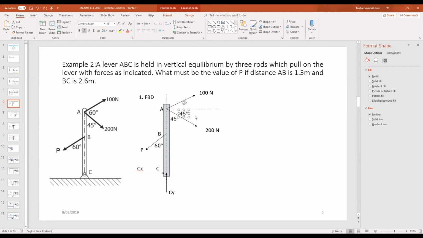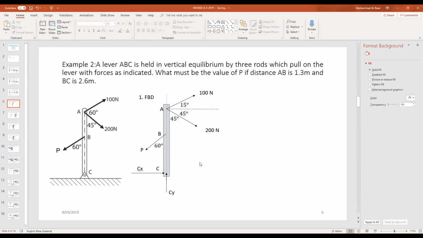Technically, if you get confused with them, just split the numbers to make life easy. If the total was 60, and we know this is a 90-degree angle, we have 45, and the remaining is 45. We know the total between 100 newtons and 200 newtons is 60, minus 45, the remaining is 15 degrees. You work it like this, you get the angles very nicely distributed, very good.